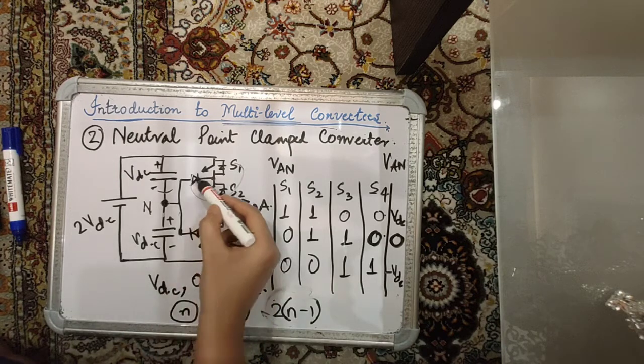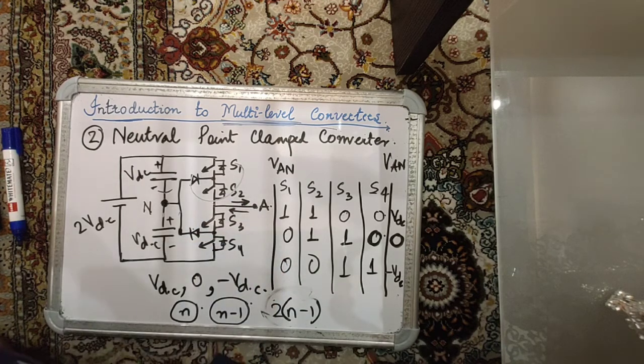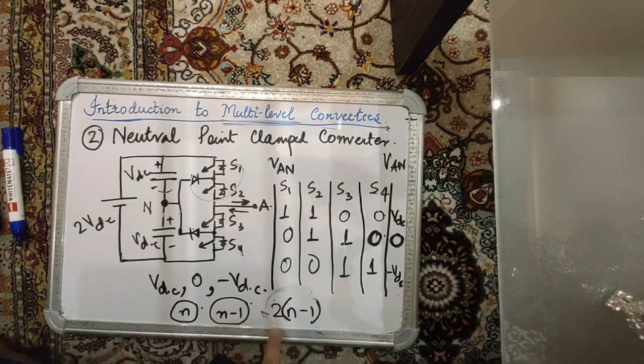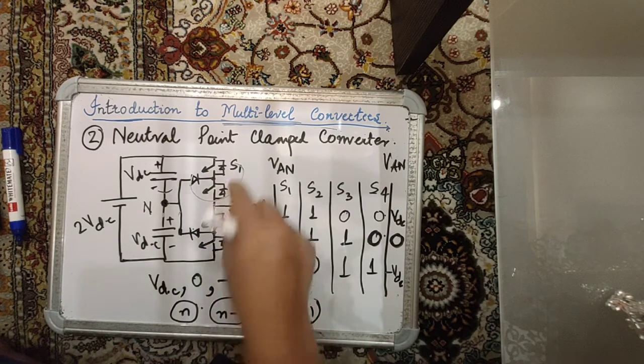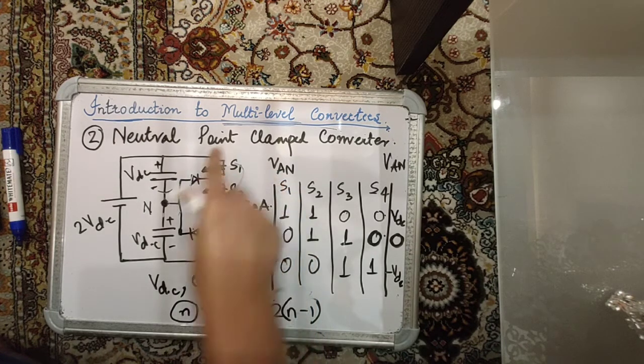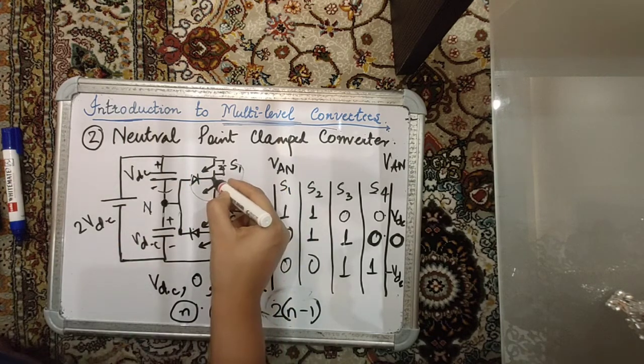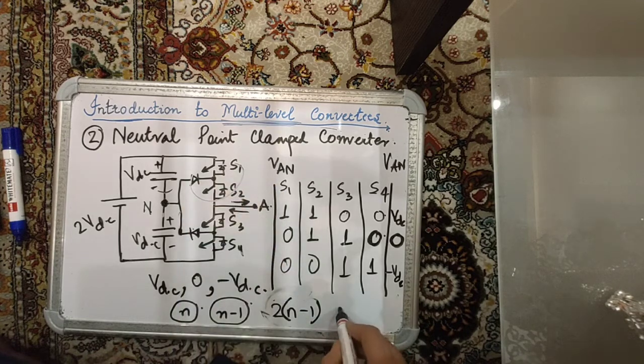And what about the clamping diodes 1 and 2? There you require only 2 clamping diodes. You basically require clamping diodes for the switches, that is, this pair of switches n-1, and then this is n-1, total is 2(n-1), right? Here if there are n-1 switches, for them you need n-1 diodes, because in the interconnection between them you have to put a diode. So this is n-2 diodes needed for the top switches, and for the bottom you also need diodes in the opposite direction. So 2 times n-2 clamping diodes.